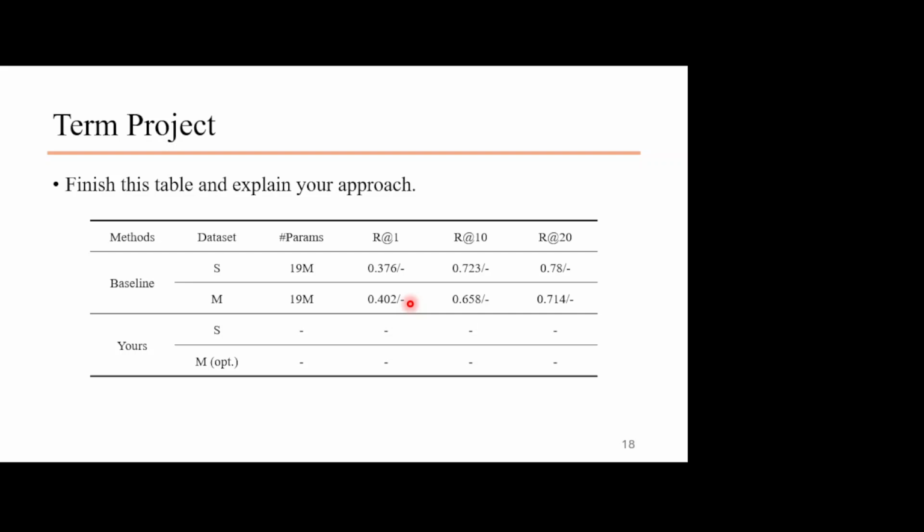You need to fill in all the missing values for each row. The first row is your reproduced recall, and the second row is your method's recall. And note that the medium version is optional. So if your machine can run this version, it's okay to only provide the recall for the small version. But if you complete the medium version, you will get extra points.